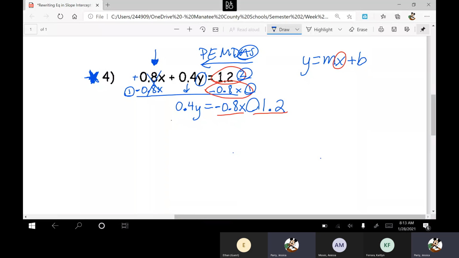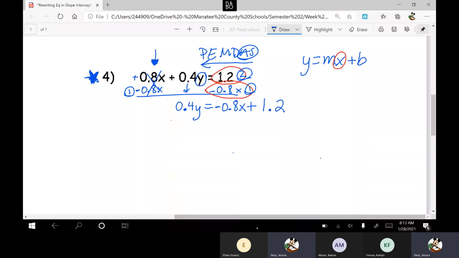Since it's a positive 1.2, I got one answer. Anyone agree or disagree with that answer? The answer I see is a plus sign. Perfect. We're going to put a plus sign there because it is positive. Let me erase these two lines and then let's keep on going.